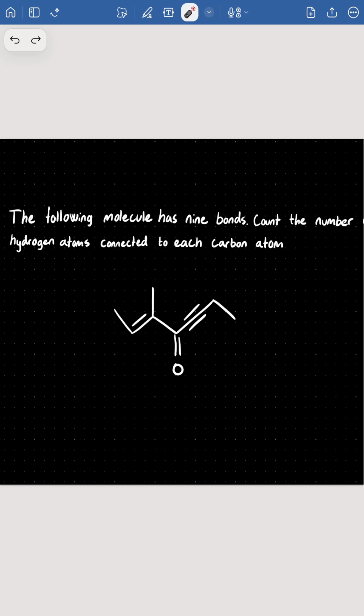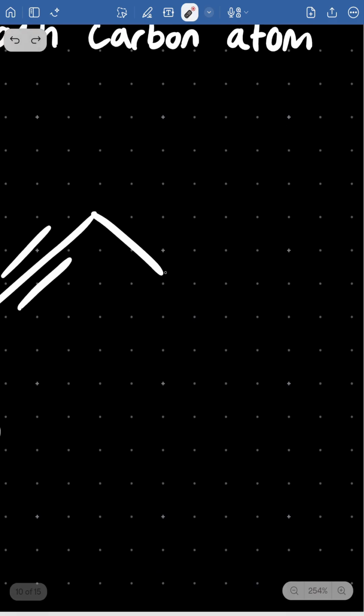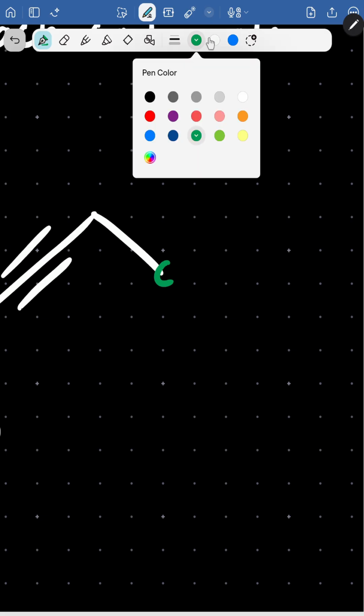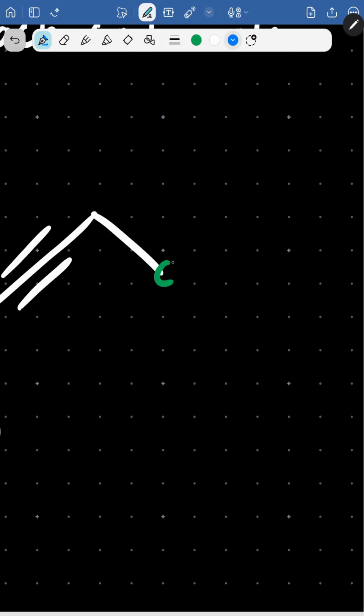The following molecule has 9 bonds. Count the number of hydrogen atoms connected to each carbon atom. If you start here, with this carbon atom, let me draw everything. We have a carbon here.